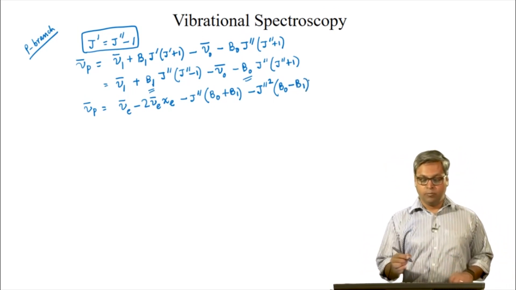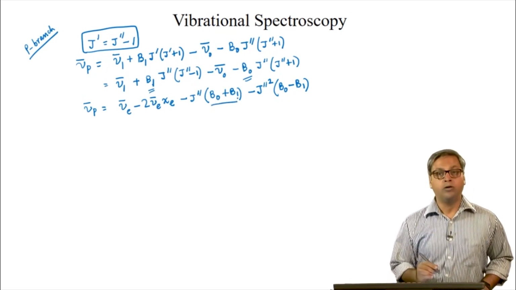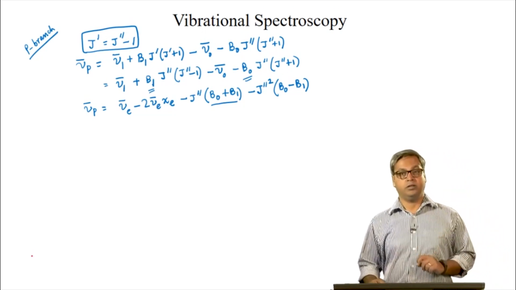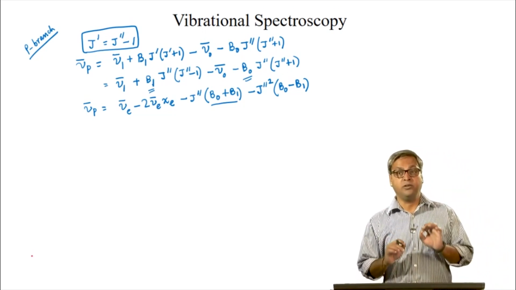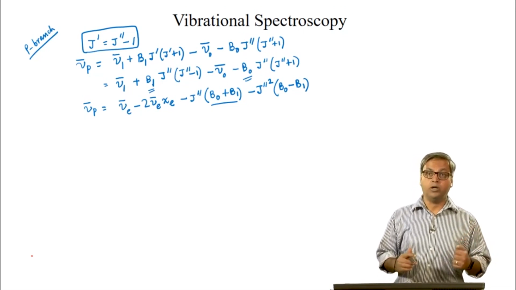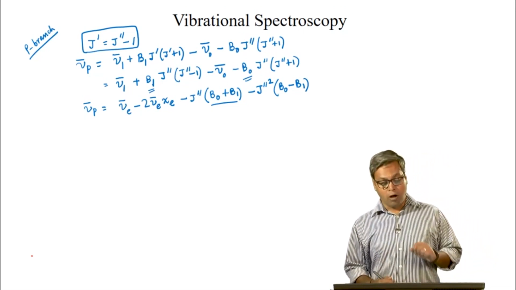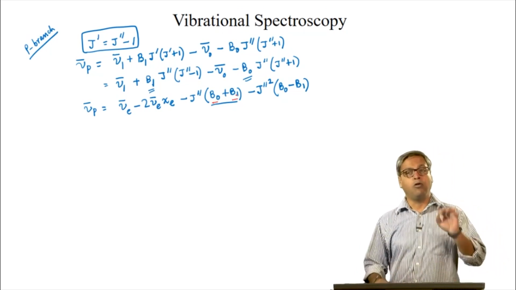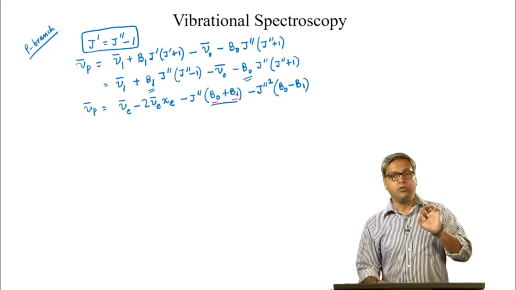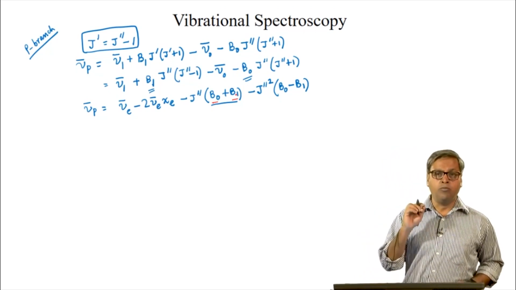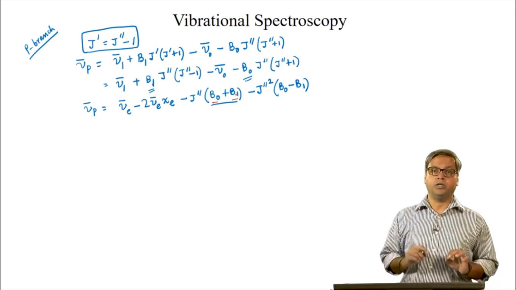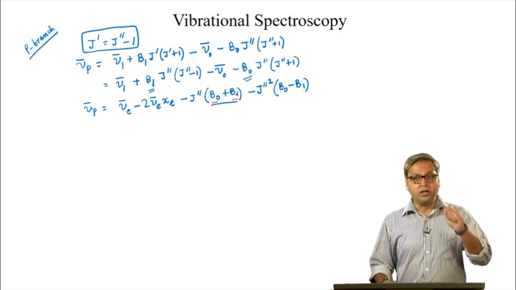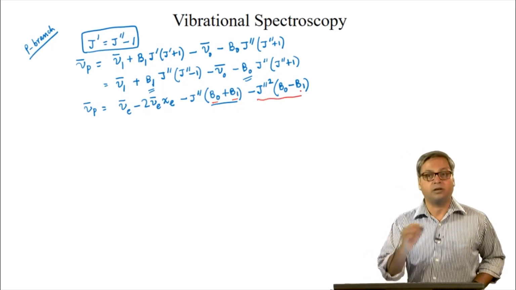This time we got this B 0 plus B 1 instead of 2B, as the rotational constants are different for v equals 0 and v equals 1. However, this B 0 and B 1 are almost the same. So, B 0 plus B 1 is almost equal to 2B, but maybe slightly different. But the major difference is in this last term.